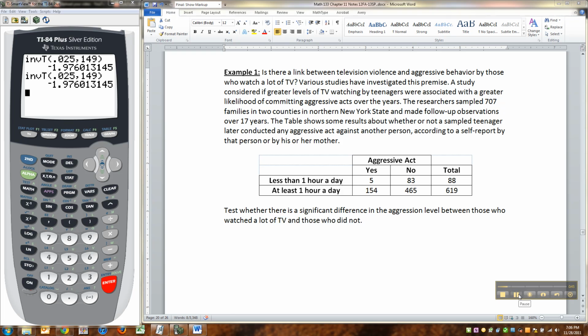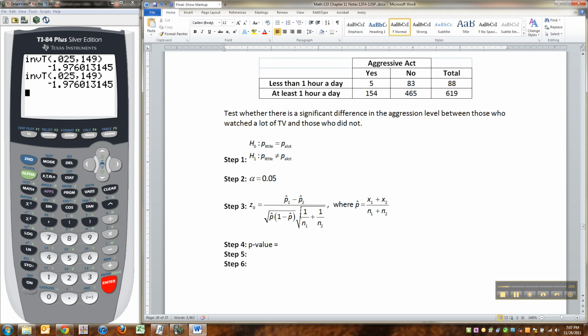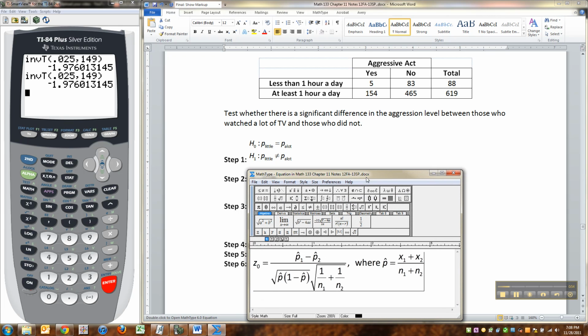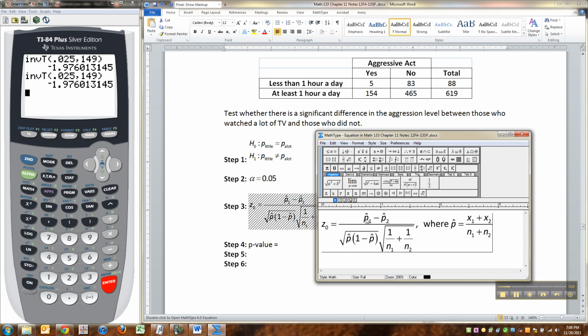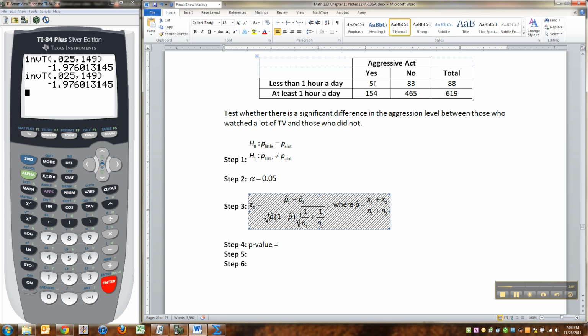Now this is one of the more ghastly, awful test statistics we're going to have to find. But again, the calculator really helps us out a lot with this. I just copied and pasted it in here, but I want us to notice a couple things. For us, x1 would be this right here.